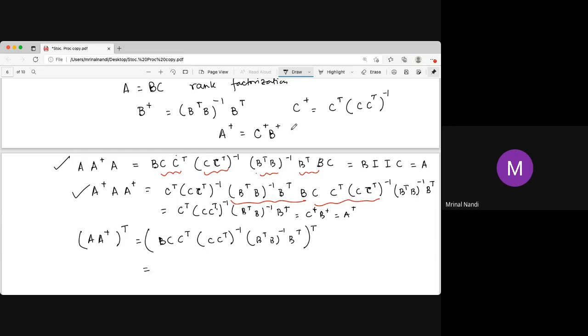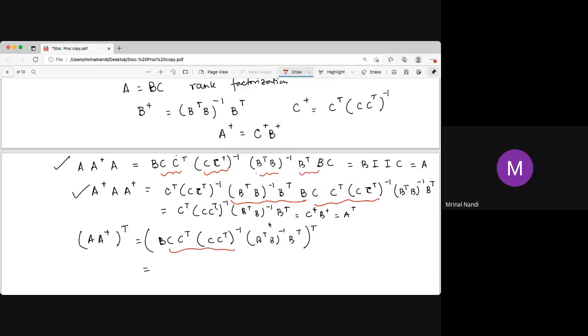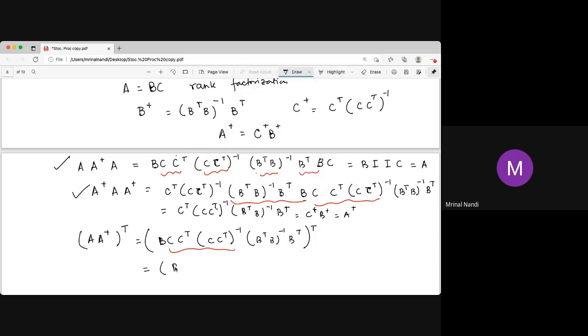Now this part is identity. So that means it is B (B transpose B) inverse B transpose, whole transpose.